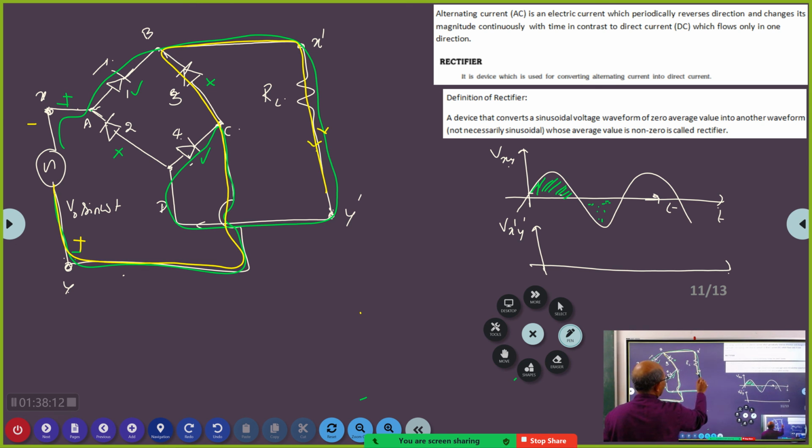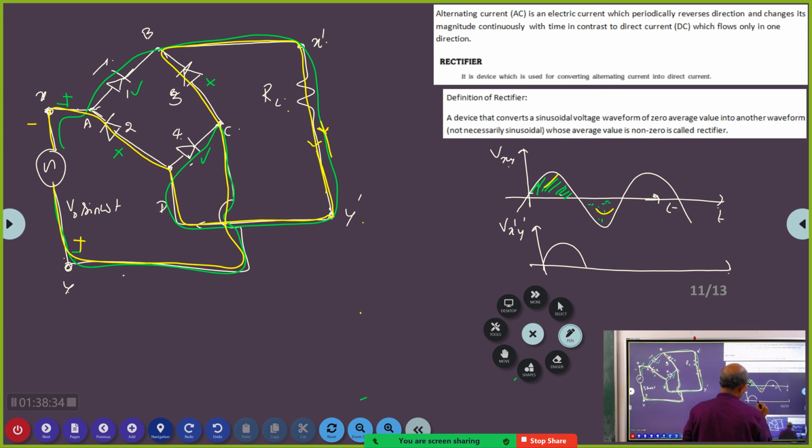Here the current is in the same direction in both cases, and then the current will return like this. Got it? So in this excursion or in this excursion, the current in this RL is always from x dash y dash. So I will get the waveform across this like this.